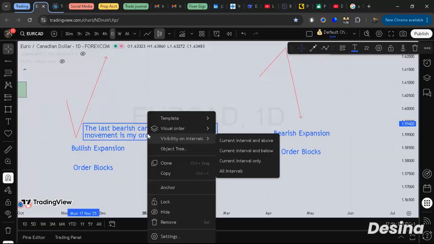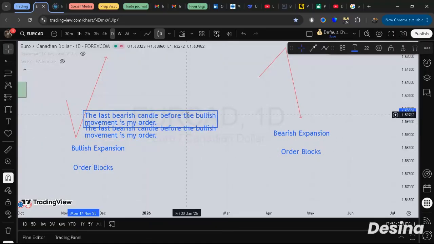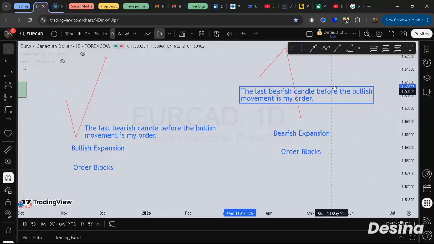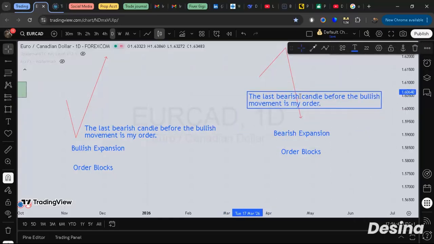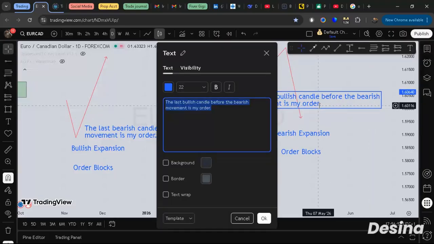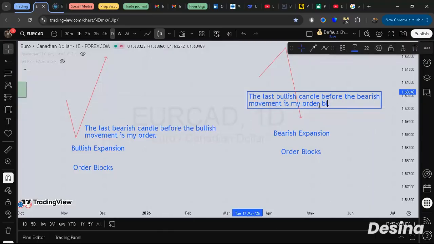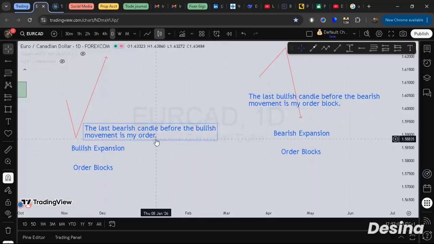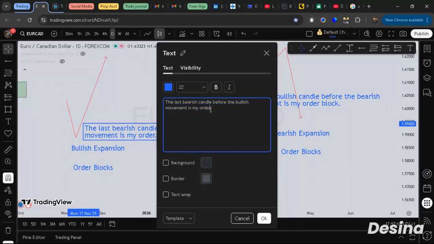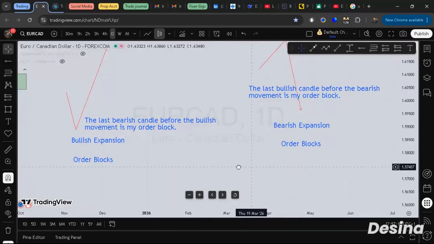While in a bearish scenario, the reverse is going to be the case. Let me just put it here. So here it's going to be the reverse. Yeah, a bearish is my order block. So I was typing, is my order block. Same thing here. It's my order block.